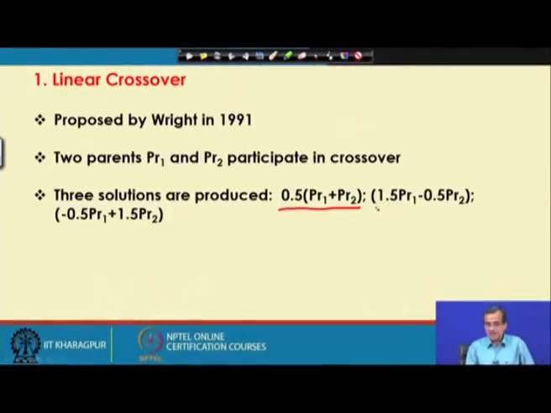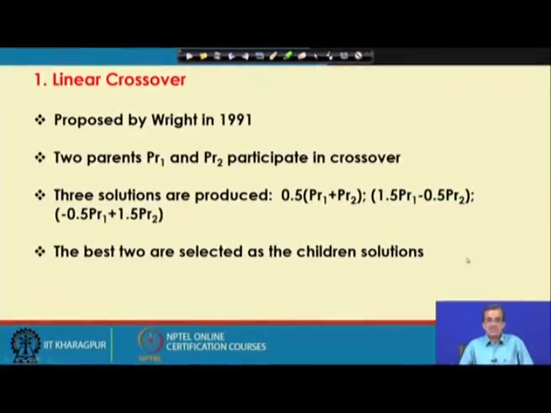Another possibility is 1.5 multiplied by PR1 minus 0.5 multiplied by PR2. Another possibility is minus 0.5 into PR1 plus 1.5 into PR2. Now, we have 3 children solutions. Out of these 3 children solutions, the better 2 are selected. This is actually a very simple operator.